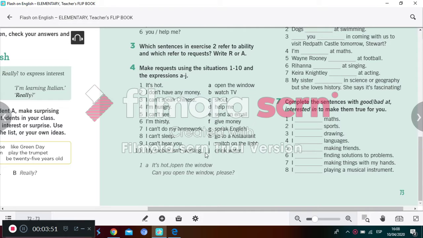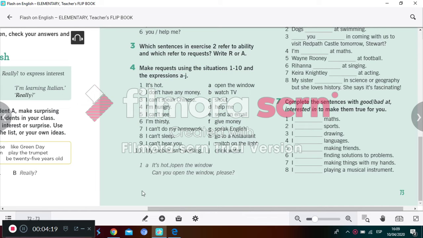Another example. I don't have any money. So this is the situation. The request is watch TV, send an email, or give me money. Perfect. I don't have any money is the situation, the request is give me money.